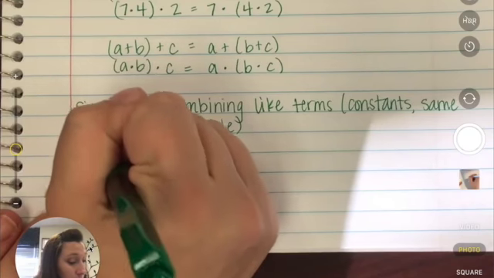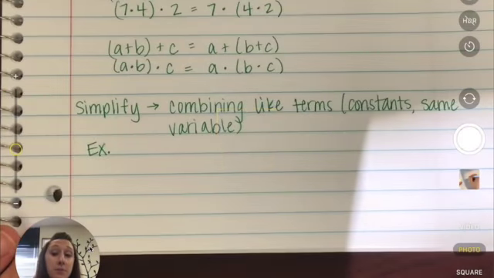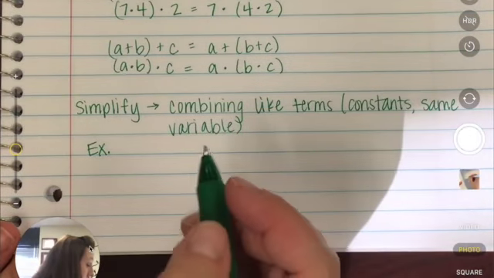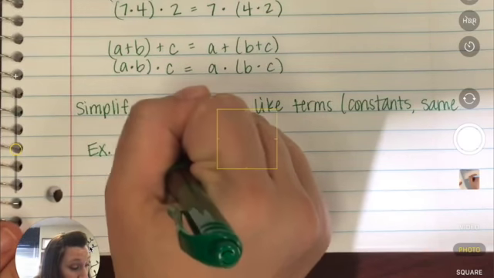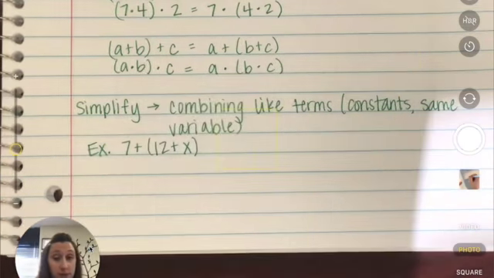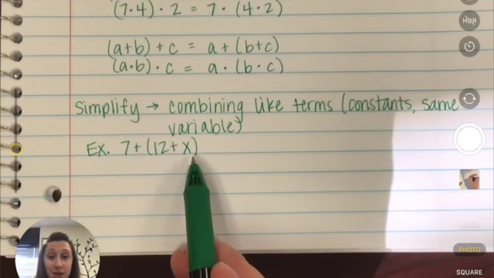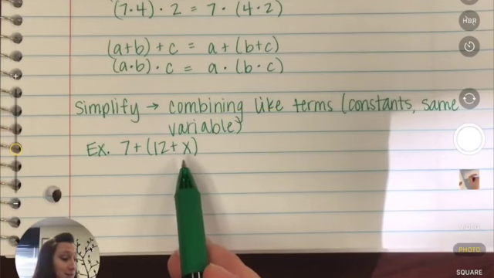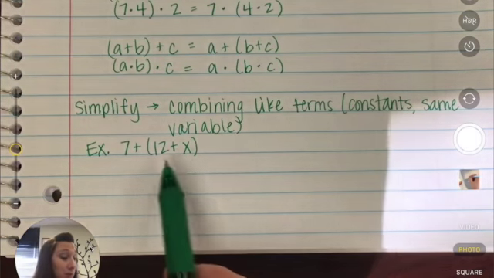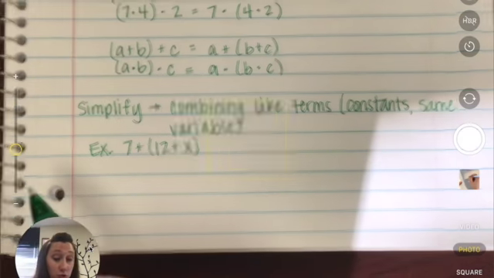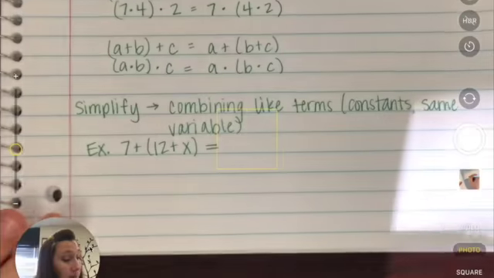So let's apply these properties to simplify our expressions. If I have 7 plus the quantity 12 plus x, I can't add 12 and the variable x together because I don't know what the value of x is. But I have two constants here. Even though they're not in the same group, I can switch the groupings because of the associative property and make equivalent expressions.